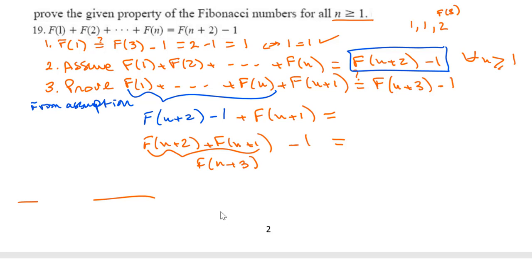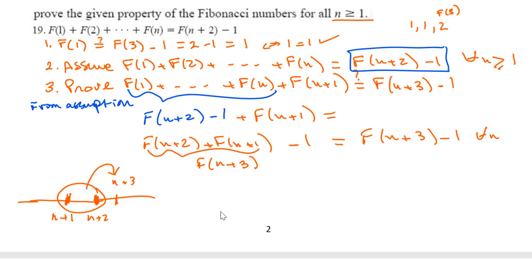You could do the number line and just picture it. So if this is F(n+3), this one is F(n+2), and this one is F(n+1). So these are the previous ones. If I add the previous ones, I get the next one, and this is by definition of the Fibonacci sequence. So right here, this is the same as F(n+3) minus 1, and we're done.